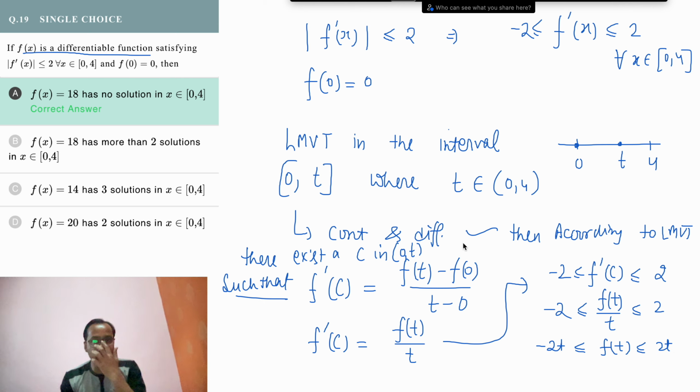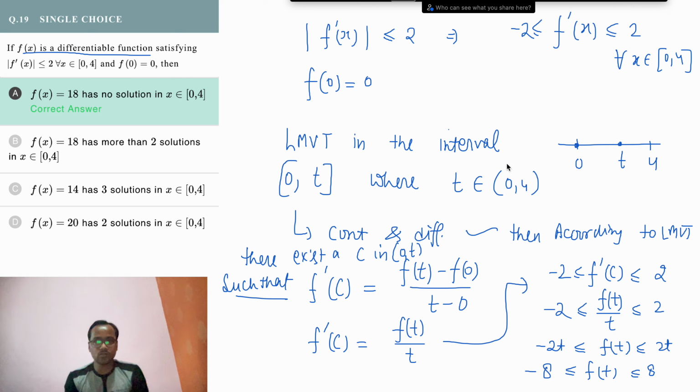Since the t value is in between 0 to 4, you can say the f(t) maximum will be 2 into 4, 8, and the value of f(t) minimum will be minus of 2 into 4, minus 8, because t can be maximum 4, minimum 0.